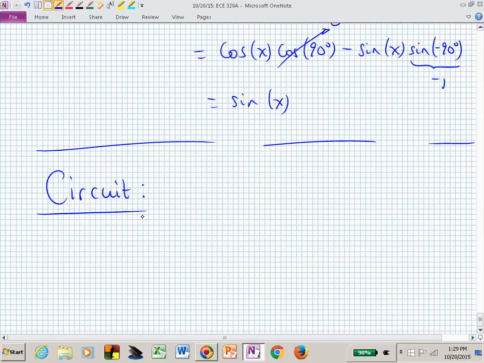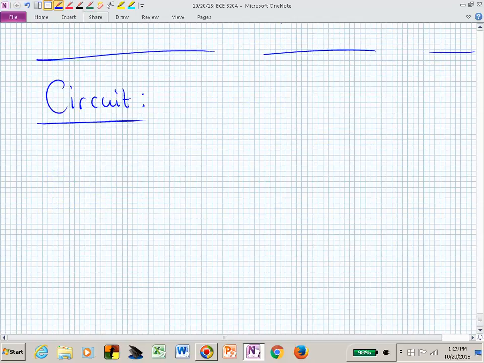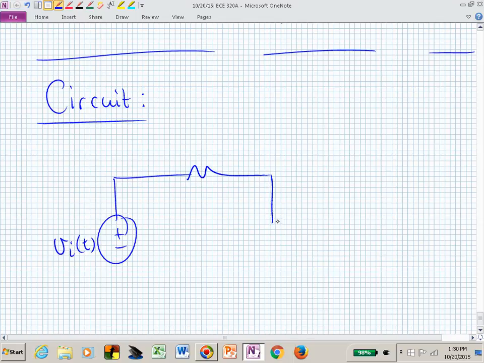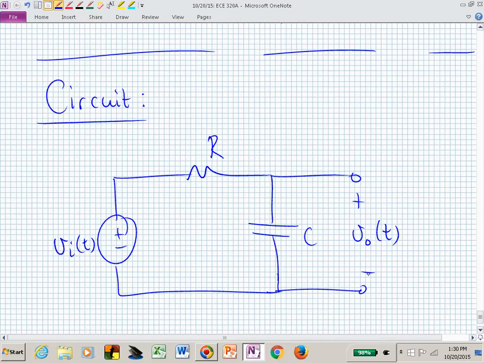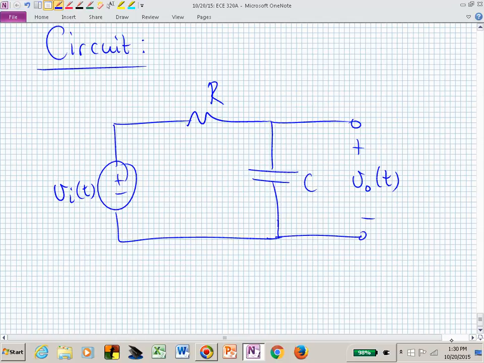Let's look at a circuit. Suppose I give you the following circuit: V sub i of t, R, and C. Now, if somebody gave you that circuit on an interview, what would you tell them?